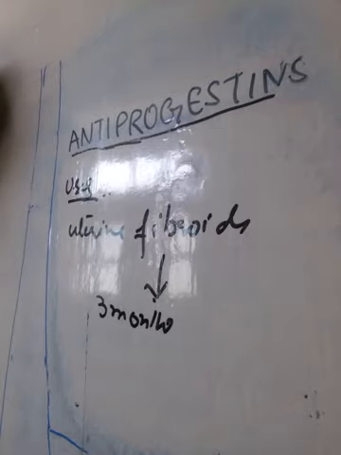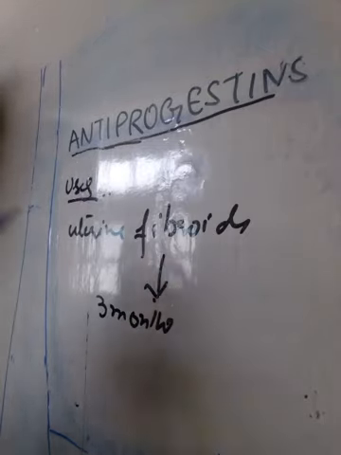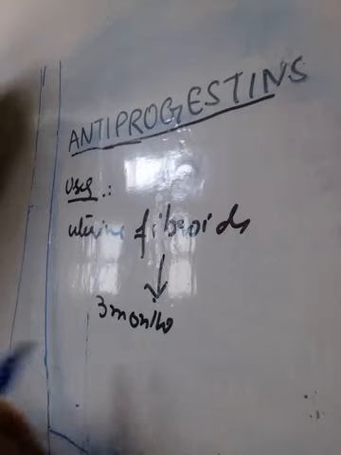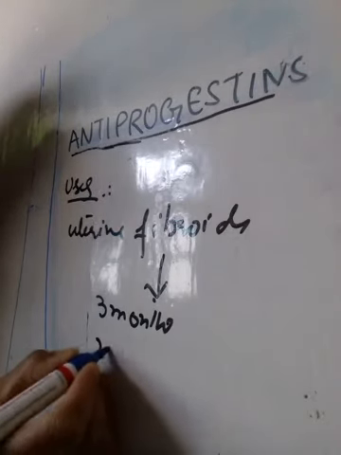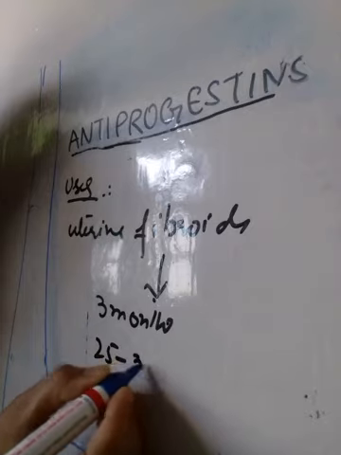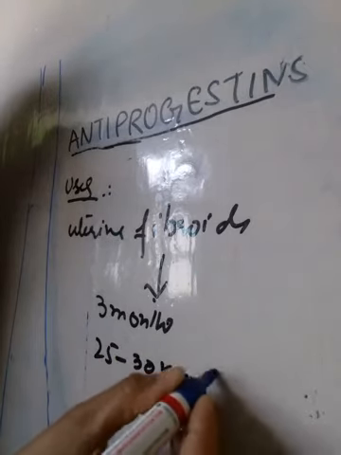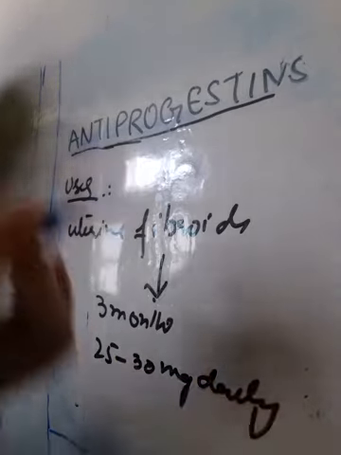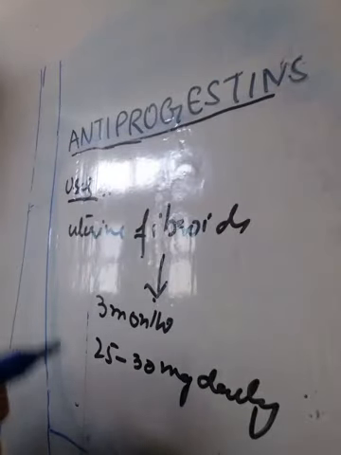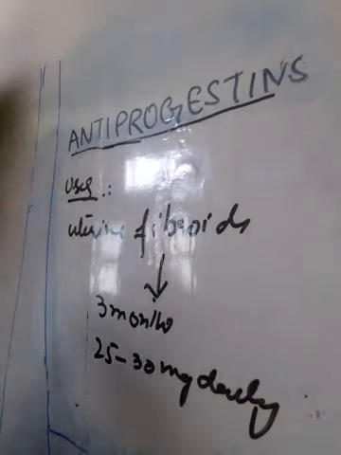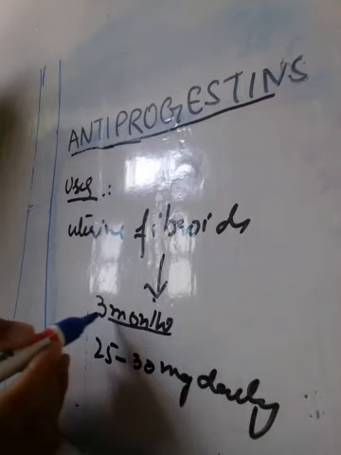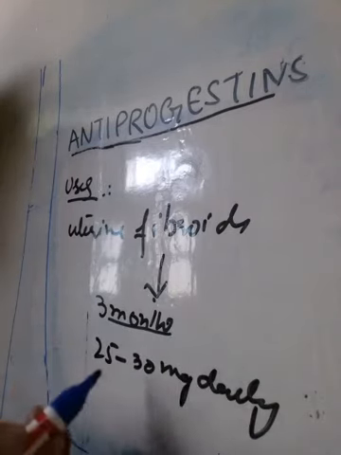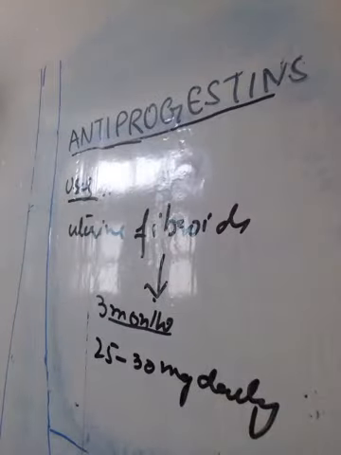Uterine fibroids can be reduced in size by taking mifepristone for about 3 months in a dose of 25 to 30 milligrams daily.